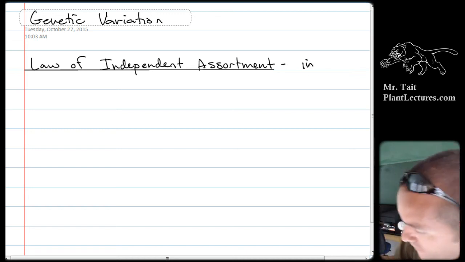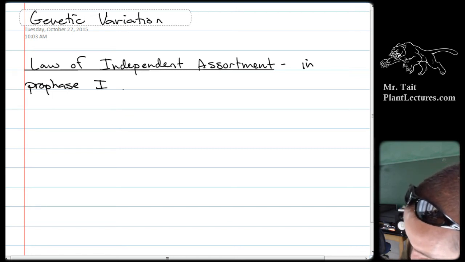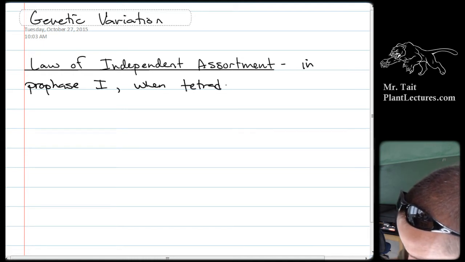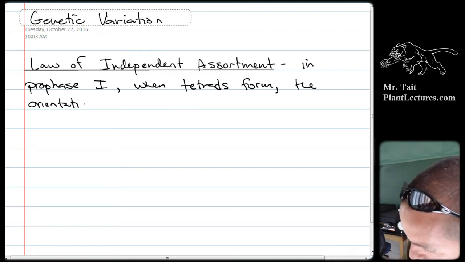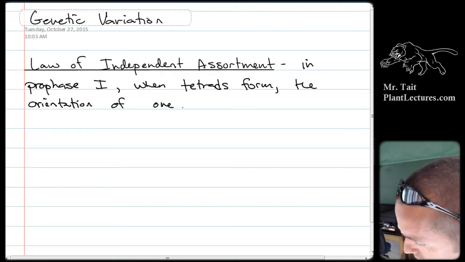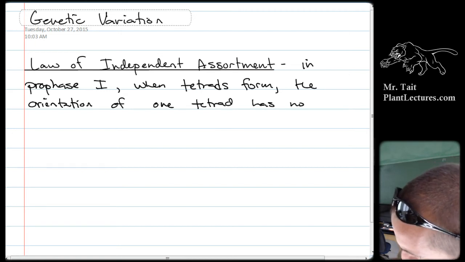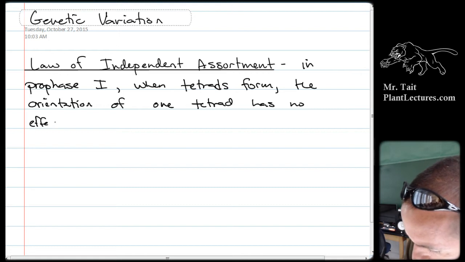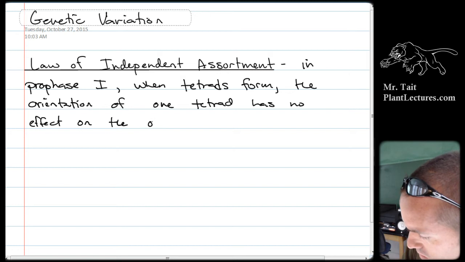So we'll say in prophase 1, when tetrads form, the orientation of one tetrad has no effect on the orientation of the rest of the tetrads.